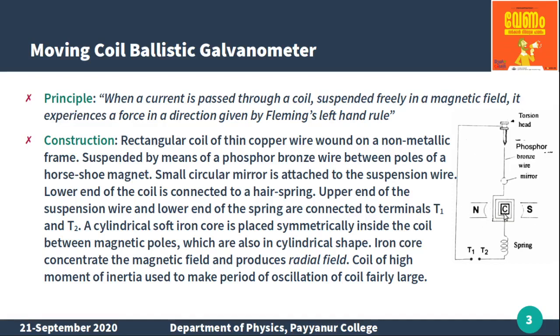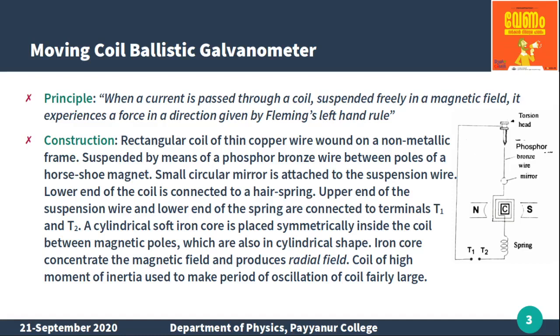Why is it placed? This will concentrate the magnetic field and will produce a radial field. This iron core will make the field go from the center point, from the iron core, all along the radius of a circle. What's the advantage of that?